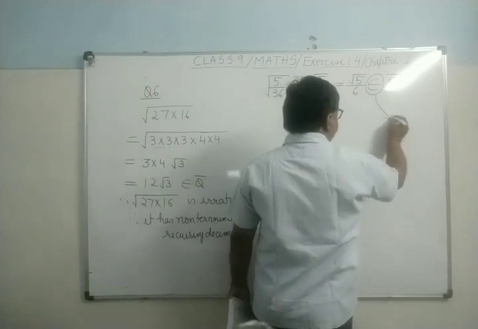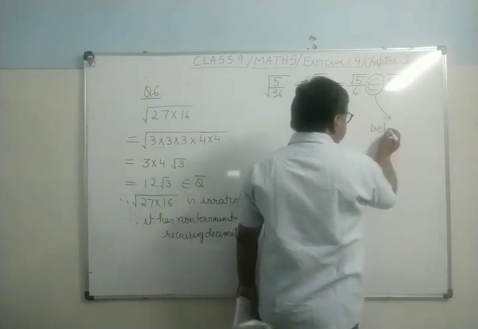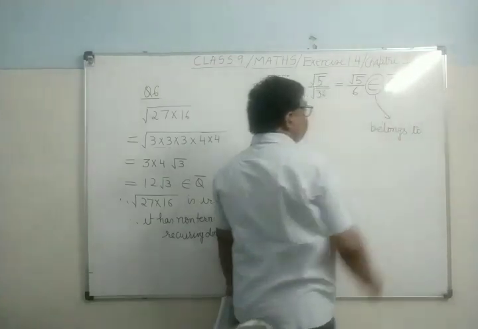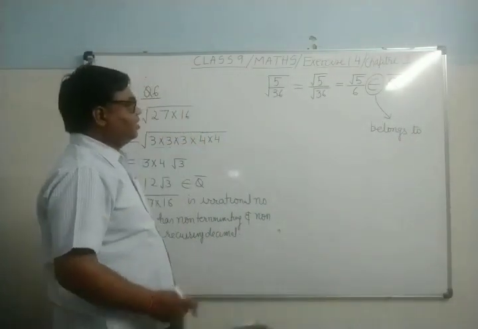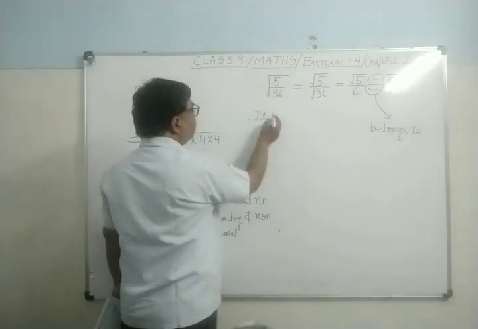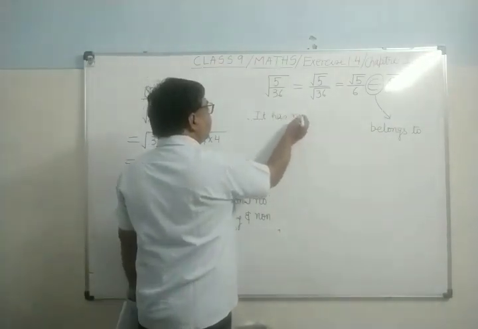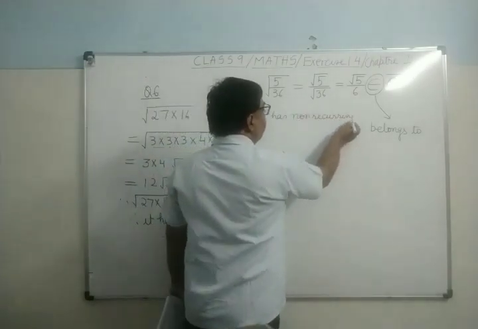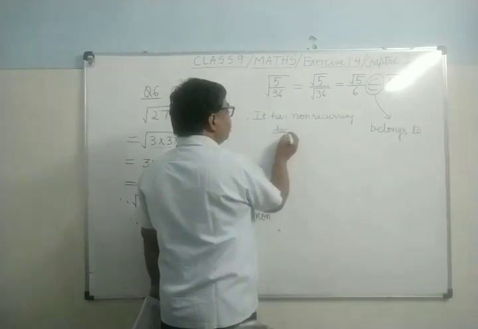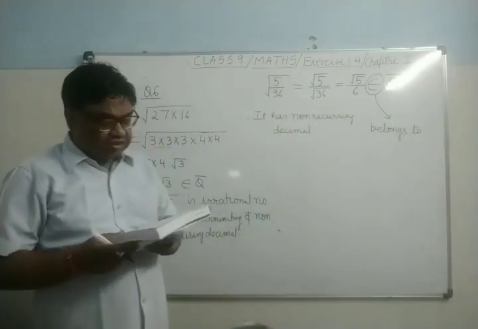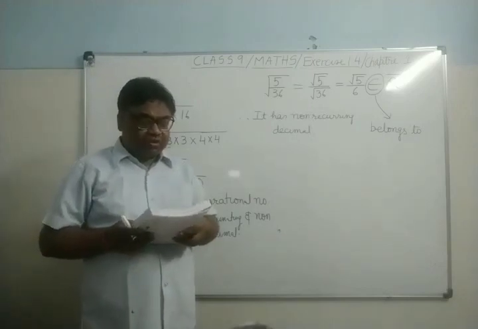This sign means belongs to, and Q bar means irrational. Therefore, it has a non-terminating and non-recurring decimal.